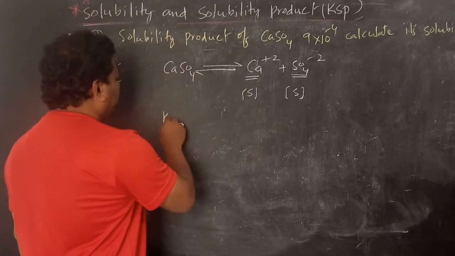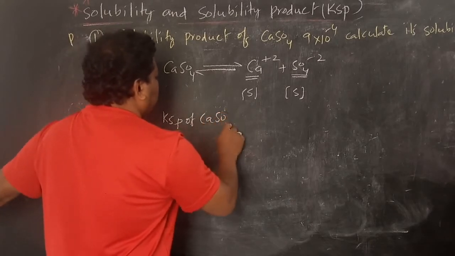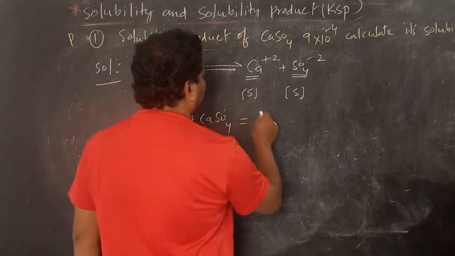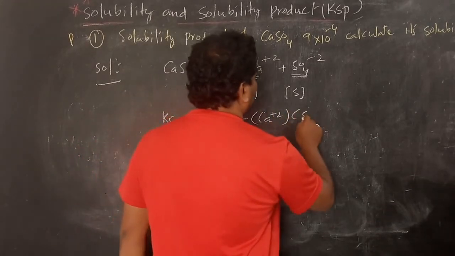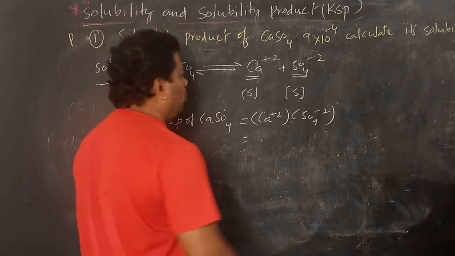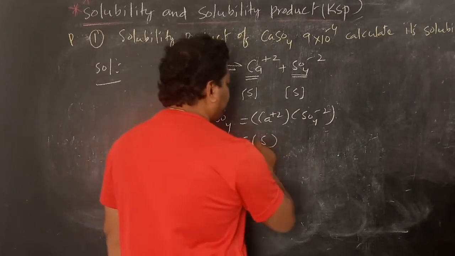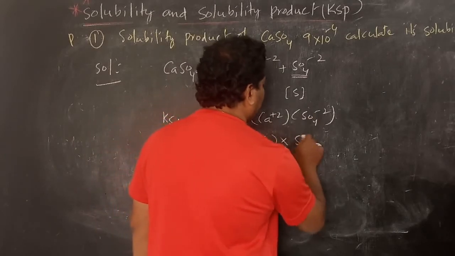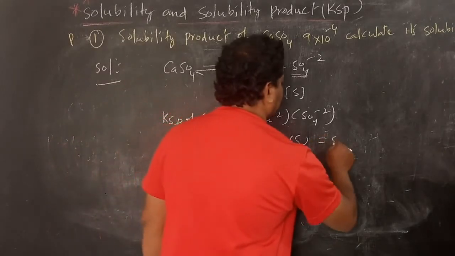Therefore Ksp of CaSO4 is equal to Ca plus 2 into SO4 minus 2, which is S square.